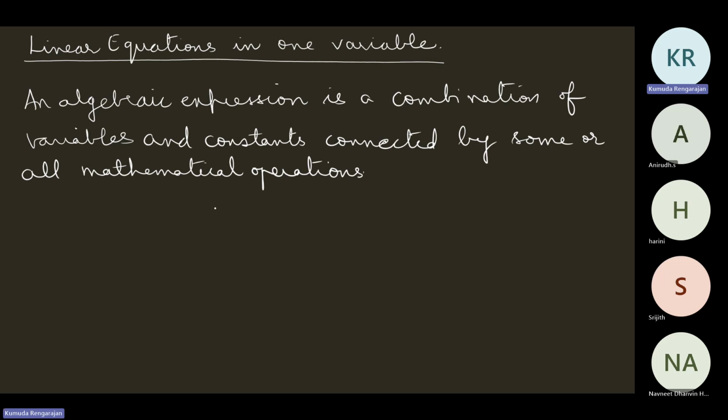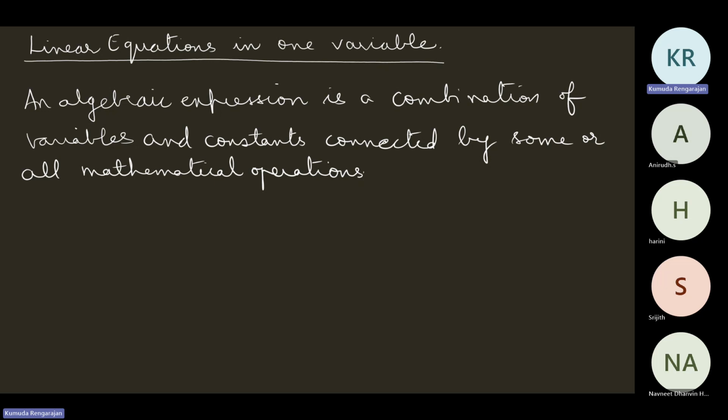So when we say expression, we are talking about an algebraic expression, which is made up of variables and constants. And how are the variables and constants connected? They're connected by some mathematical operations or all mathematical operations.